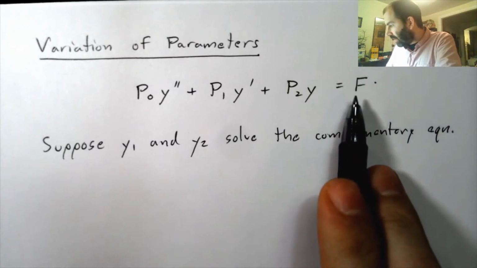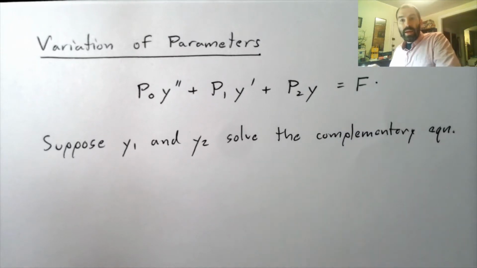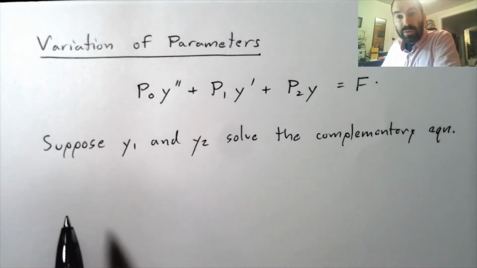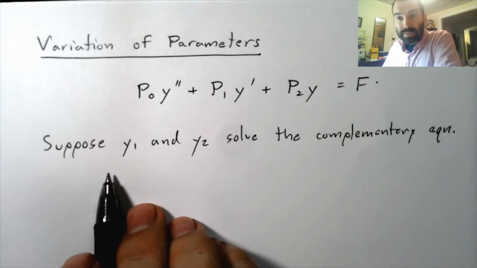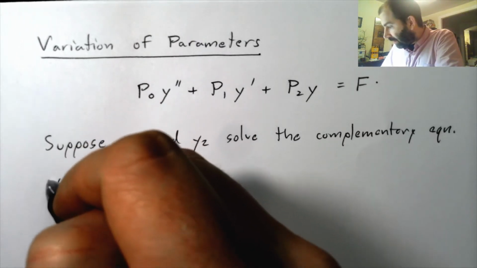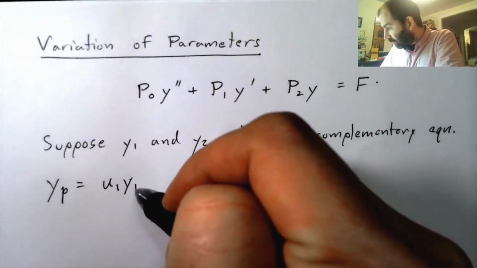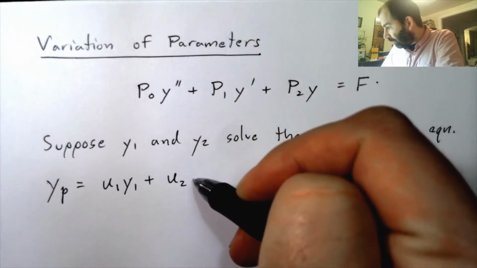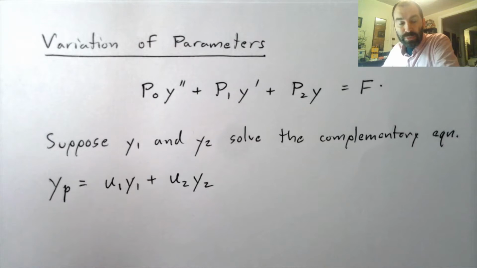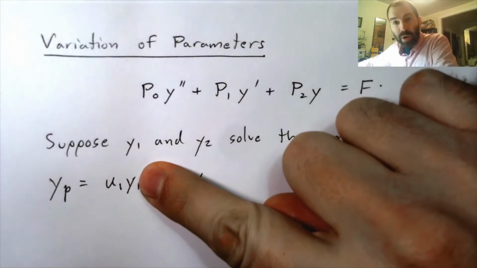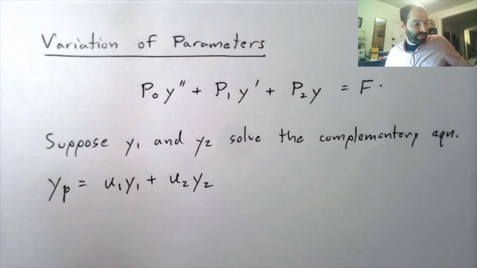That's the equation where you take the right-hand side to be 0. Now, what we're going to do is form our particular solution based on those two. So we're going to take our particular solution to be some function u1 times y1 plus some other function u2 times y2. Notice this is a little bit different than what we've done before. We only looked at it one at a time, right? But this is going to give us another way to go about things.